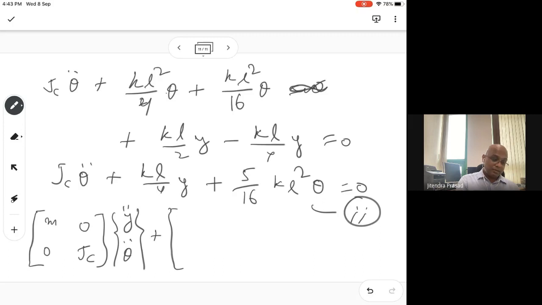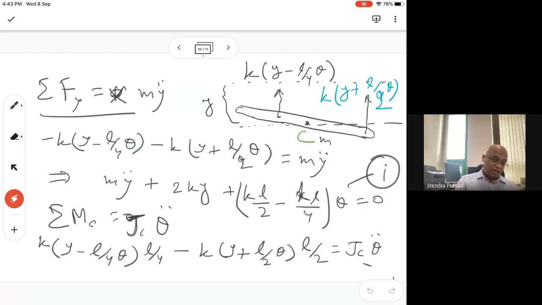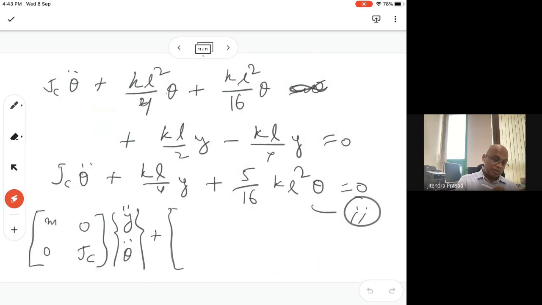So okay, go back. We are going to write y and then theta. So y is multiplied by 2k, and here this multiplies with theta, multiplied by kL over 4. So the total will be 2k, kL over 4. Okay, done.